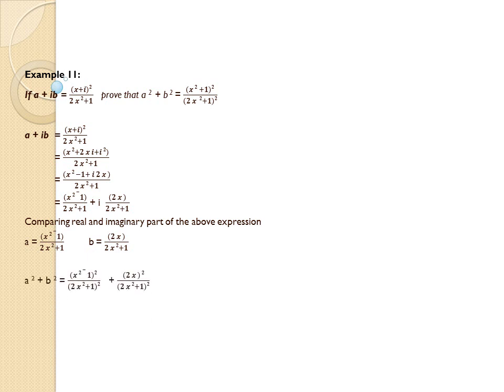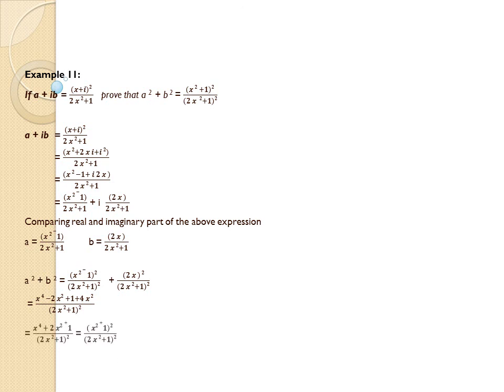a square plus b square equal to x square minus 1 whole square divided by 2x square plus 1 whole square, plus 2x whole square divided by 2x square plus 1 whole square. If I take 2x square plus 1 whole square as the LCM, my numerator will be x square minus 1 whole square plus 2x whole square. x square minus 1 whole square means x to the power 4 minus 2x square plus 1, and 2x whole square means 4x square.